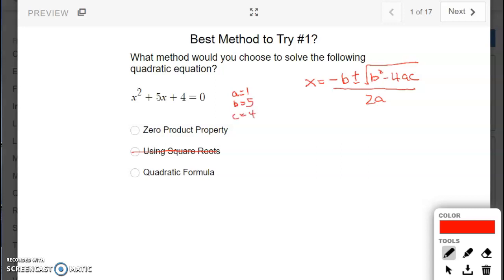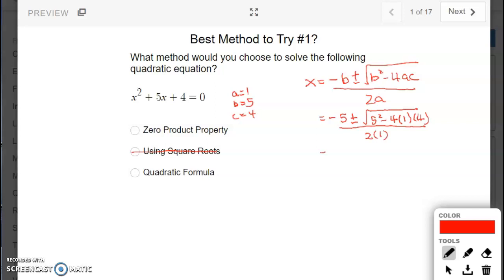So that's going to be negative 5 plus or minus square root of b squared, which is 5 squared, minus 4 times a, which is 1, times 4, all over 2a, so 2 times 1.